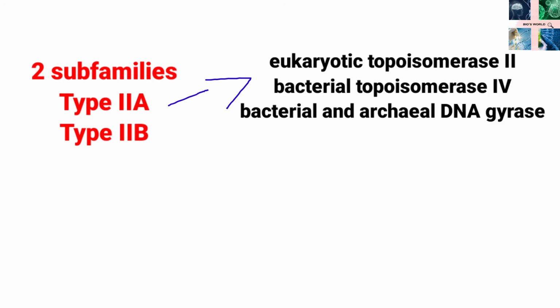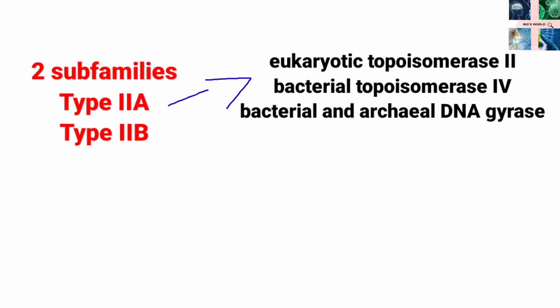This topoisomerase 2 has two subfamilies and they are type 2A and type 2B. Type 2A is found in all cellular organisms and is again divided into three classes, that is eukaryotic topoisomerase 2, that is topo 2, and then bacterial topoisomerase 4, which is denoted as topo 4, and bacterial and archaeal DNA gyrases.